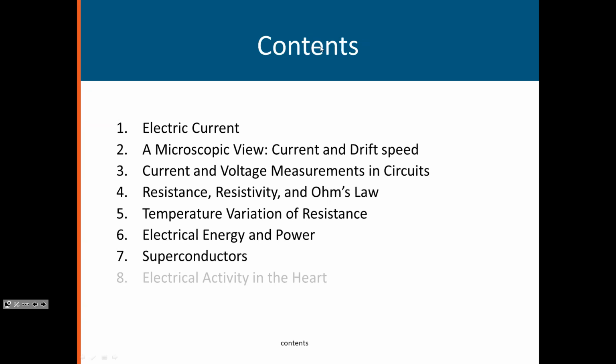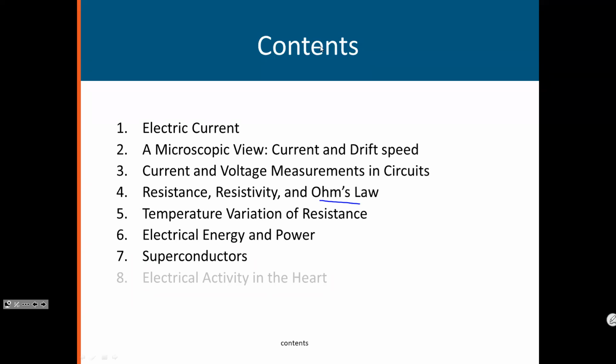Number 4, we introduce the new concept called resistance, resistivity, and Ohm's law, which connects the current with the potential difference or the voltage.